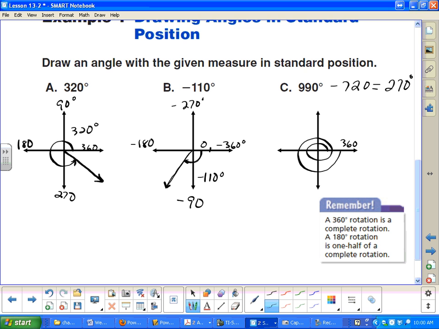Looking back, 270 degrees is exactly the axis that goes down. So we're going to continue this angle around till we get to the negative y-axis, and that would represent 990 degrees.